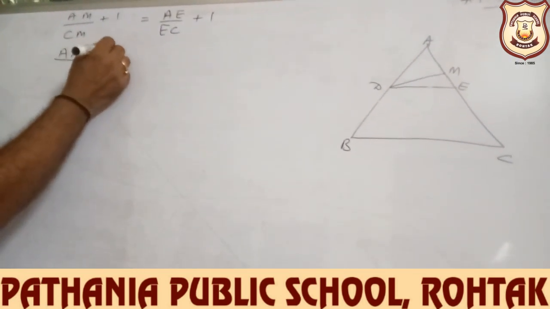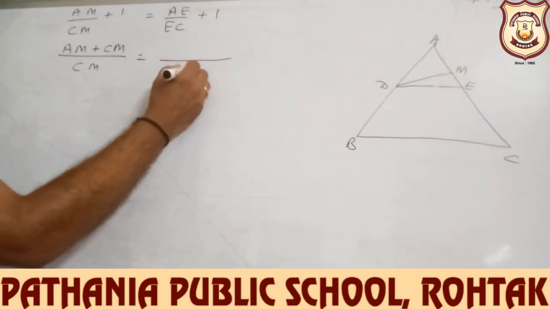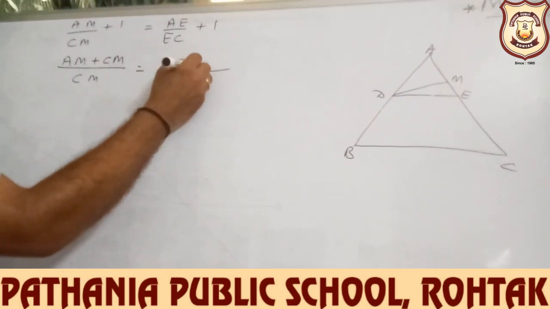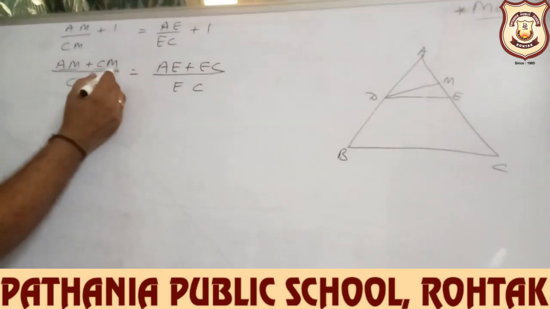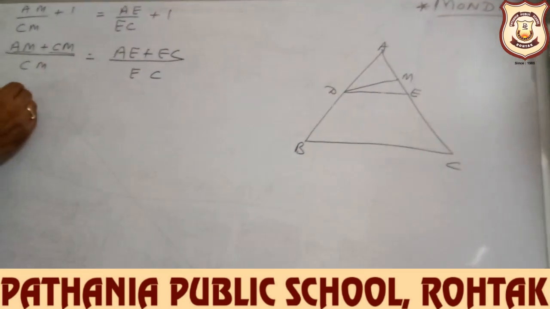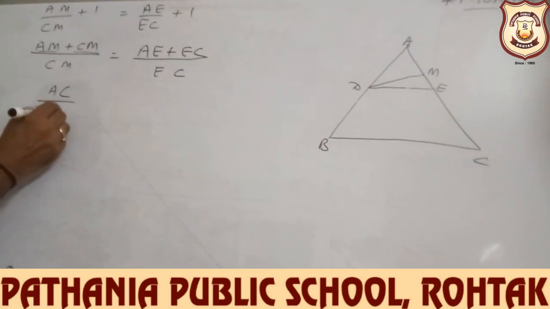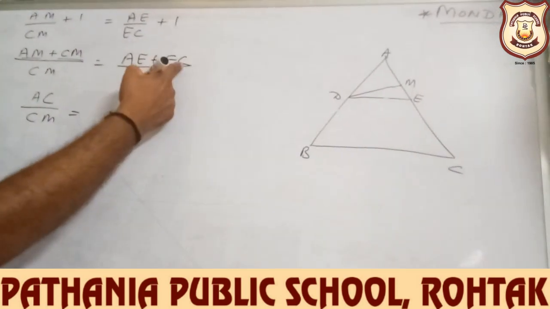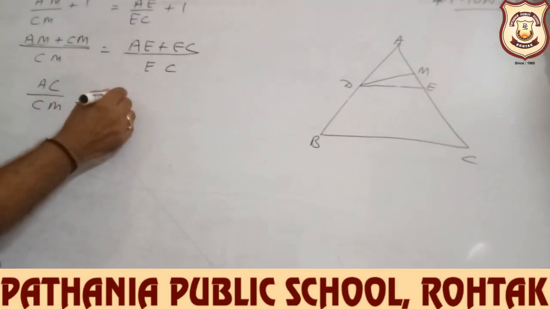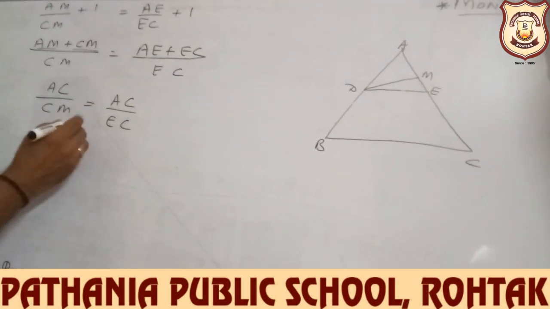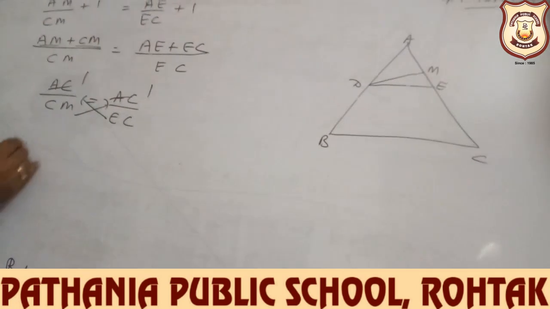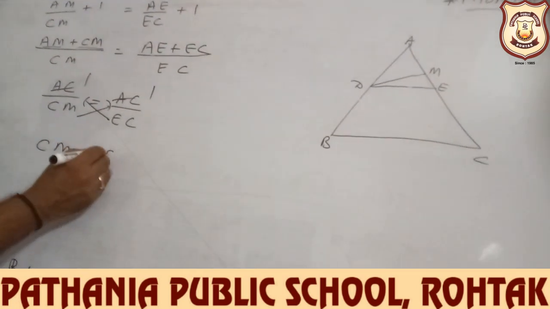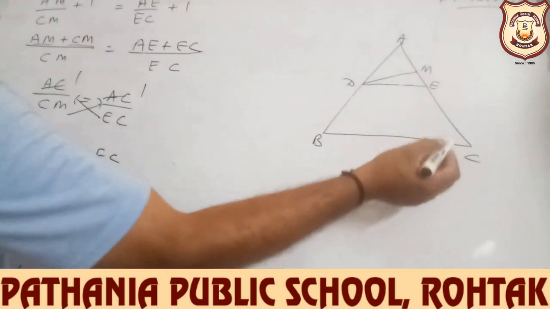CM becomes LCM, AM plus CM. EC becomes LCM, AE plus EC. AM plus CM is AC upon CM. AE plus EC is also AC upon EC. AC cancels with AC. CM equal to EC.